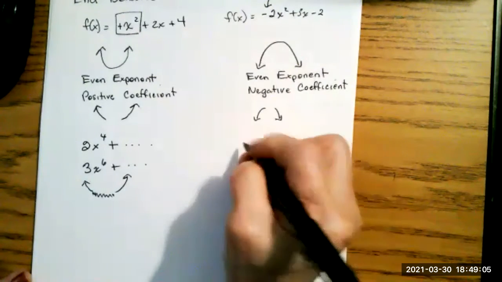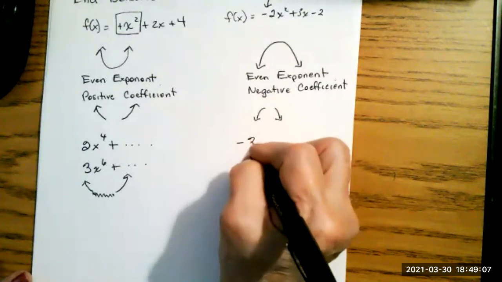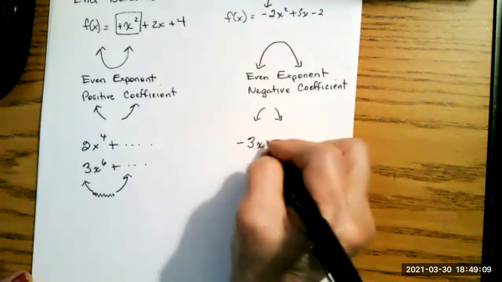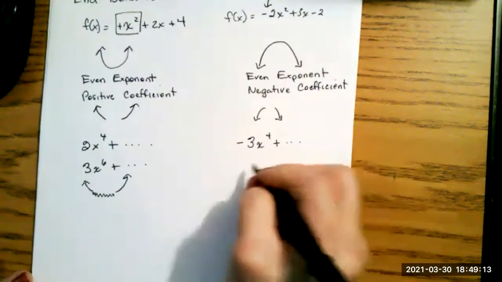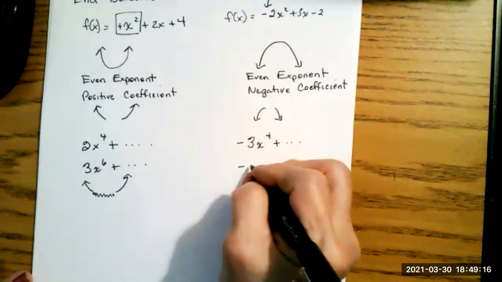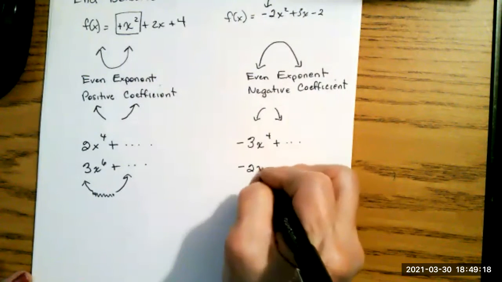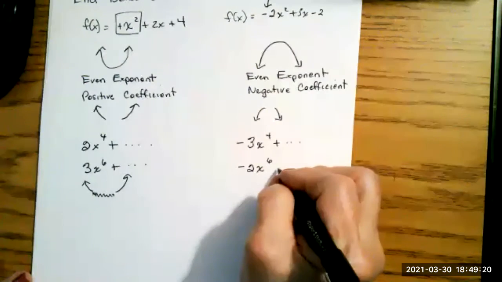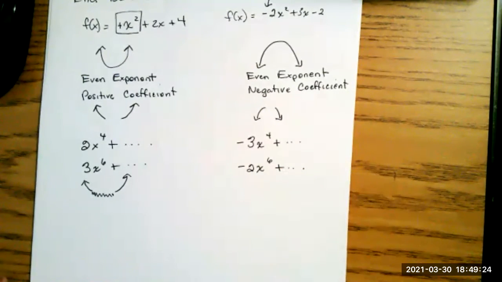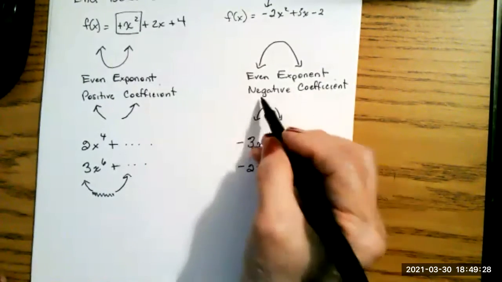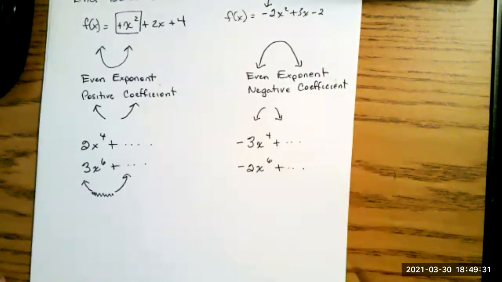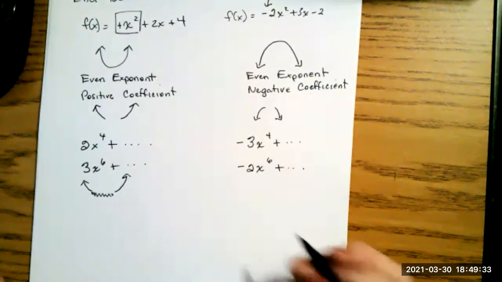So if I had negative 3x to the 4th plus something, something, something, or a negative 2x to the 6th plus dot, dot, dot, then those are even powers, even exponents, but they have negative coefficients. The negative coefficient is what turns that stuff upside down.